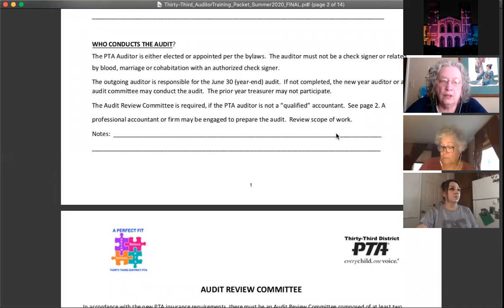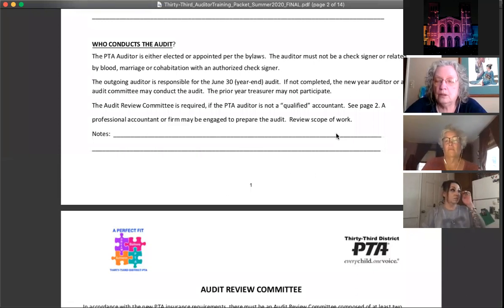And then we're going to talk about the audit committee, and a professional accountant or firm may be engaged, just to talk about if you engage a professional accountant, that you should review the scope of work, because they might sell you an audit in accordance with generally accepted accounting principles or GAAP or something of that nature.